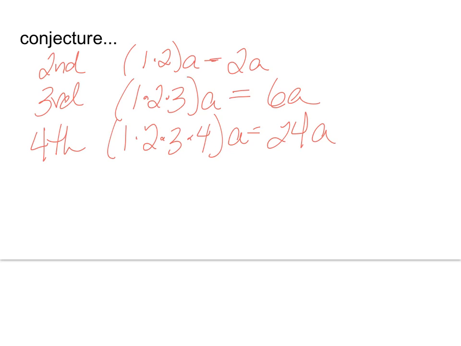It's actually a times n factorial. Remember, factorial means if it's 5 factorial, it's really 1 times 2 times 3 times 4 times 5. That's what factorial means.